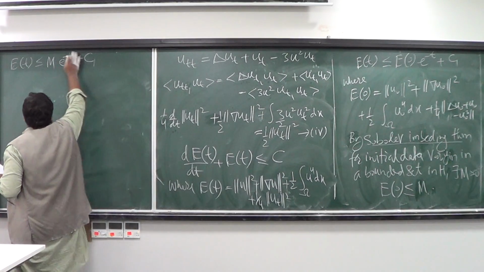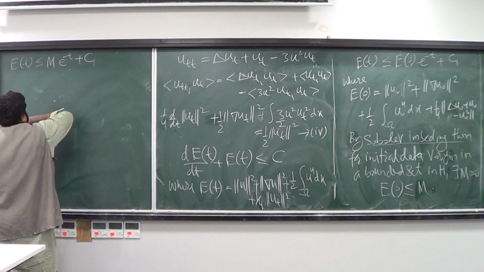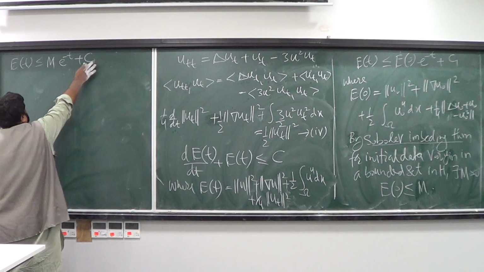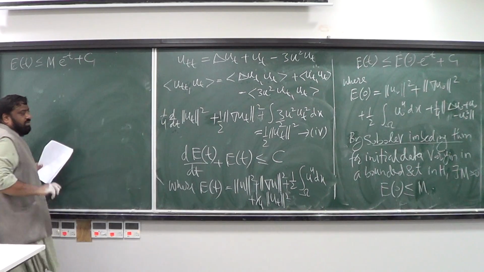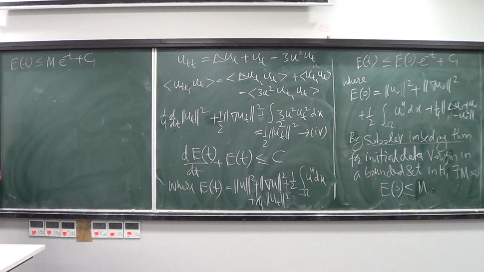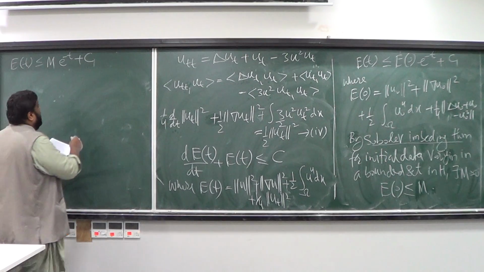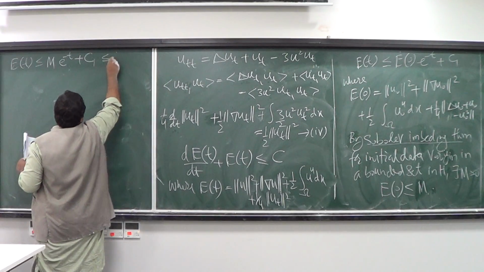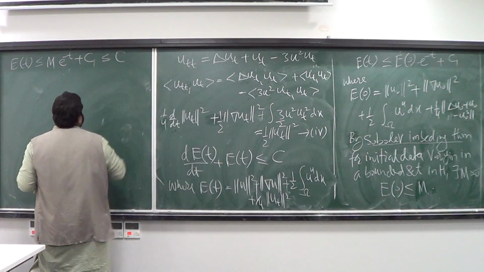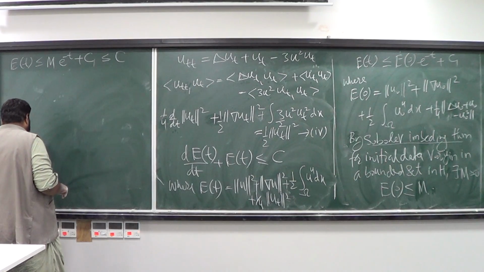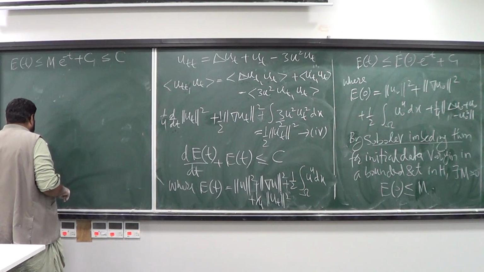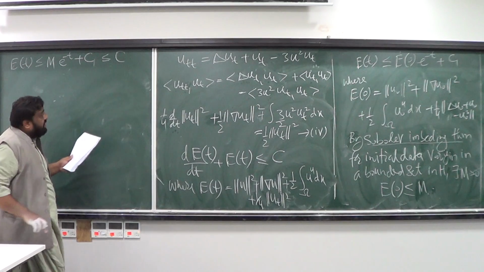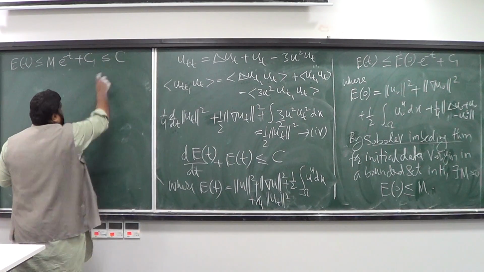Now I want all of this to be less than or equal to some fixed constant depending on the bounded set of the initial condition. Let's call this constant C. How can you find this constant?